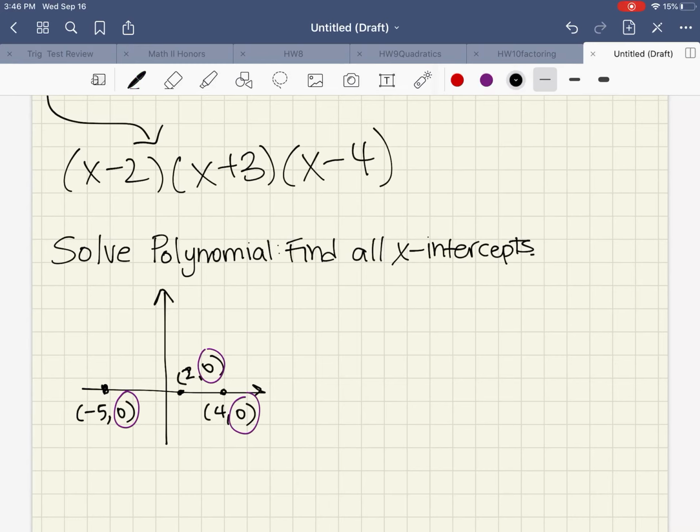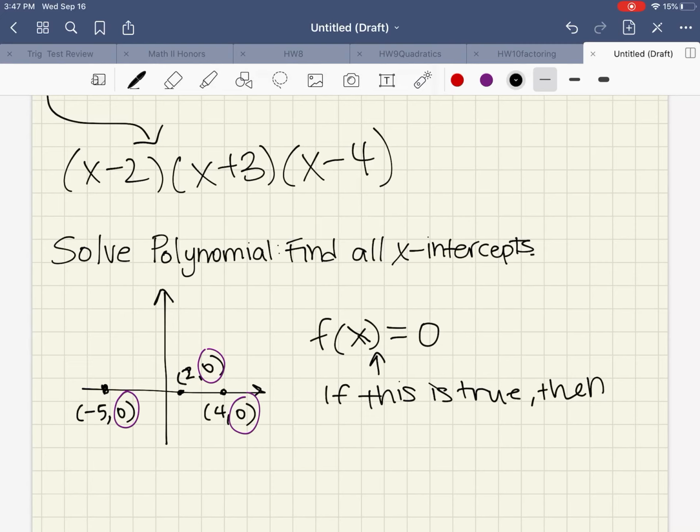So when a function f of x equals 0, that means x is a solution.